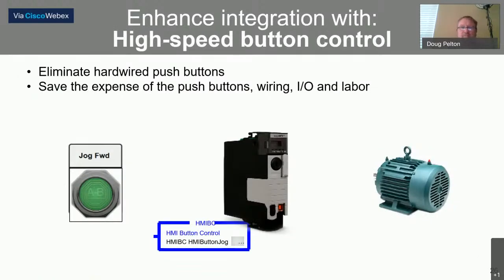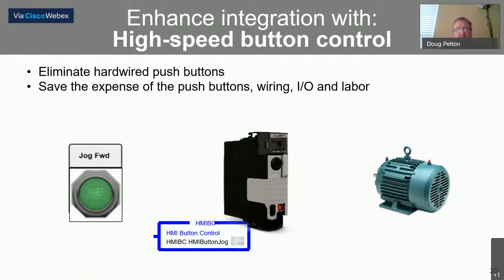So the high-speed push button control, I did want to take a minute and talk about this. This is something new. What this does, in Logix Designer, is allow communication between the controller and the device over a high-speed I/O connection. So what does that mean?